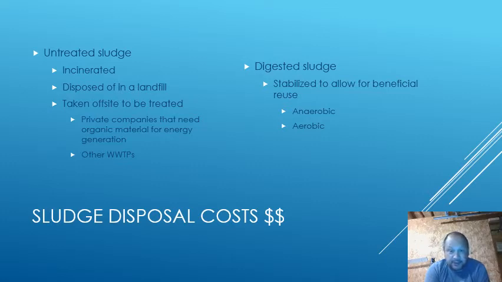Digested sludge. So this is sludge that has been treated and stabilized to allow for beneficial reuse that can be treated either through anaerobic digestion, aerobic digestion. There are a few variations of those processes also. Autothermic aerobic digestion is something they do in Bowling Green and now in Fremont, where it's an aerobic digestion, but they also heat the sludge.